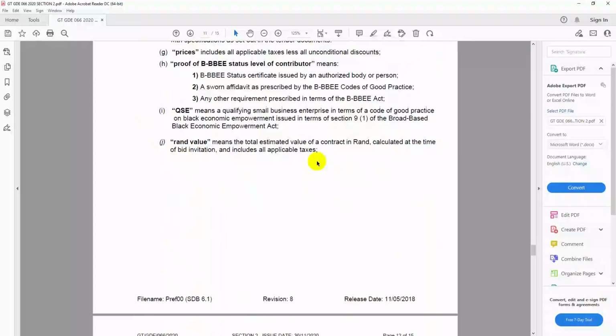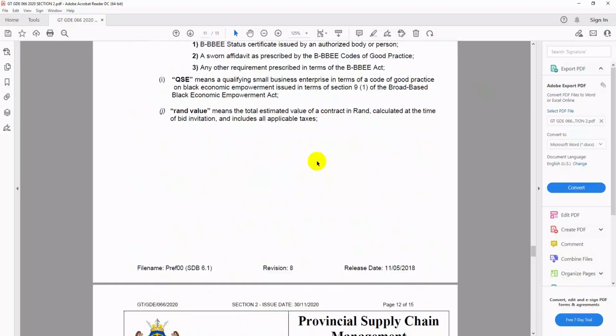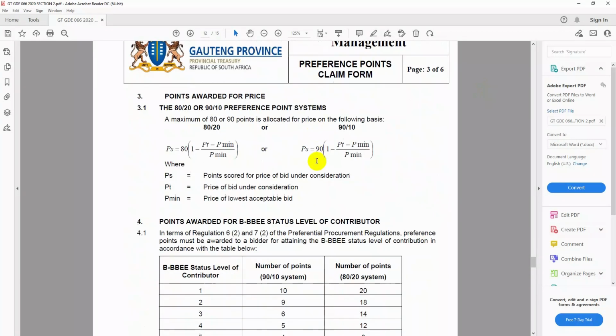Here it's just definitions of what these terms that are mainly used here mean. And then this is the formula that they use to award for price. So they will use this formula under 80-20. This is not the formula for you to use, it's our formula in-house. So they are just showing you how the points are awarded for price using this formula.